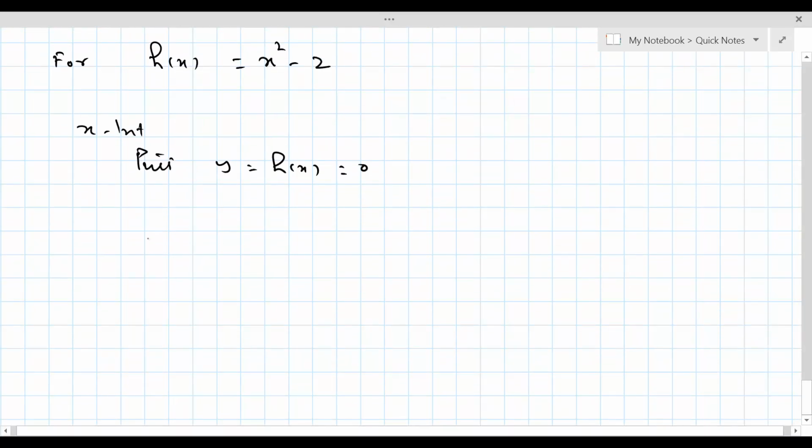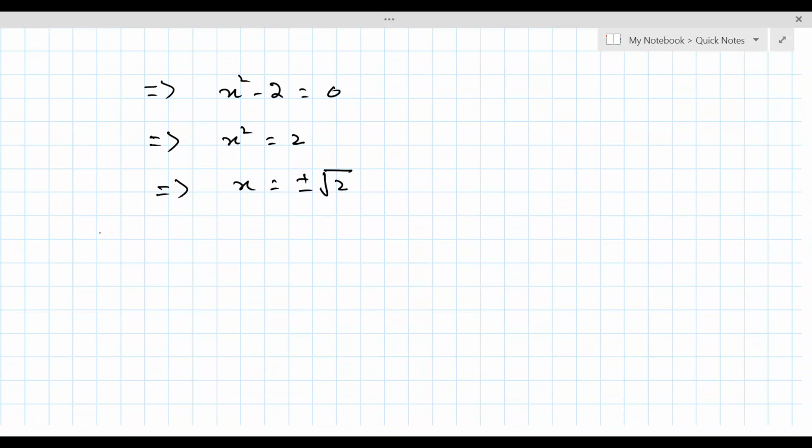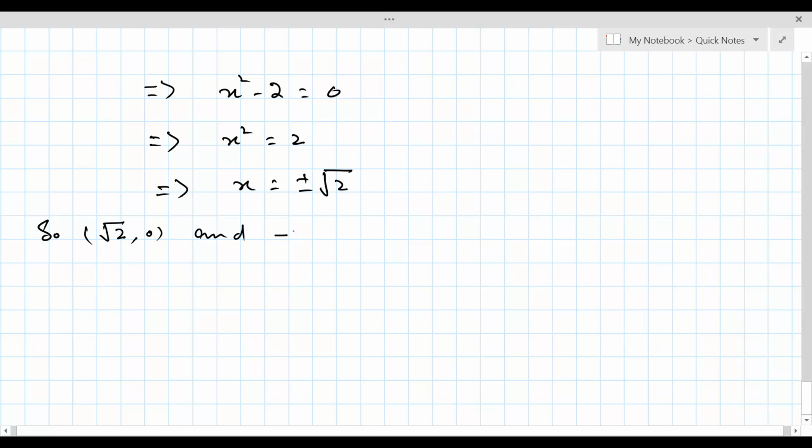This means x square minus 2 is equal to 0, means x square is equal to 2, or x equal to plus minus square root 2. So there are two x-intercepts. Square root 2, 0, and minus square root 2, 0, are the two x-intercepts.